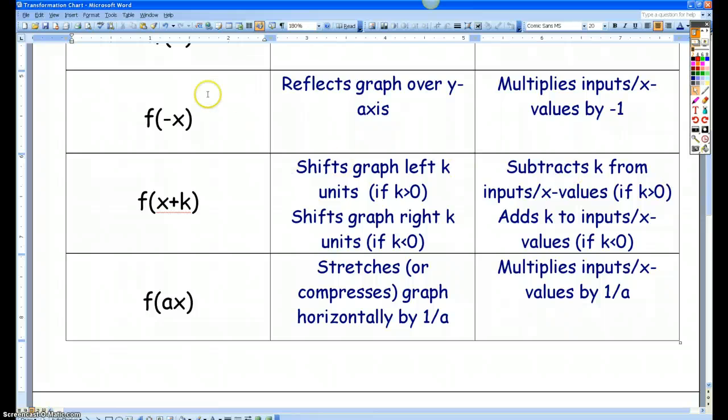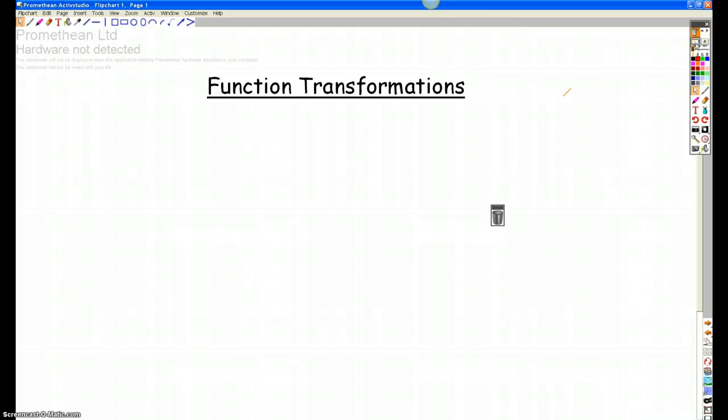Alright, so let's first look at f of negative x. And I'm going to go to a screen. I'm just going to write down a function. Let's write down f of x, and let's graph x minus 1 cubed. So that's f of x. What would f of negative x be?